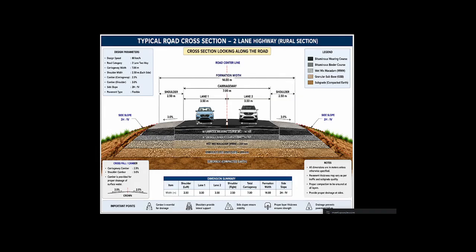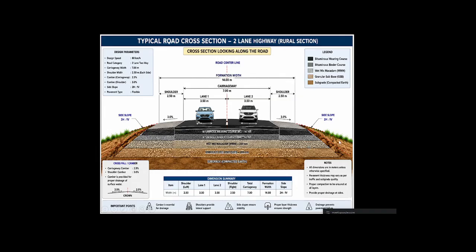Now, you can see the typical road cross section of a two-lane highway. As you all are experienced, you can see the different layers of the road: subgrade layer, sub base layer, WMM, DBM, and BC layer. Here you can see a side slope.